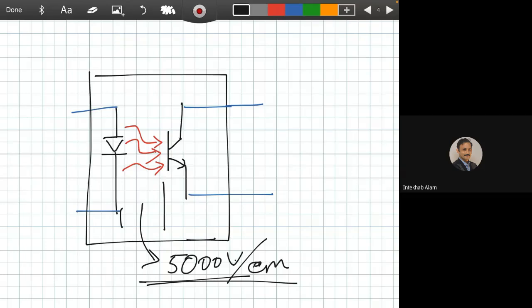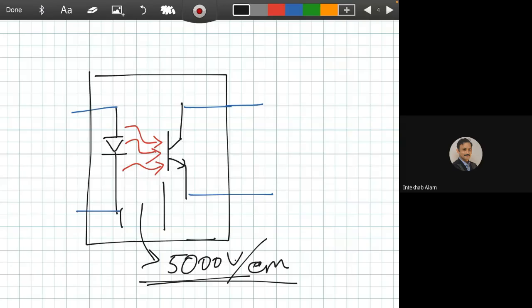So what will be the disadvantage of this circuit? The advantage of this circuit is that whenever we produce an optical signal, it requires very little energy compared to the magnetic signal. So the energy requirement will be less for the system, and the signaling system will not be loaded.